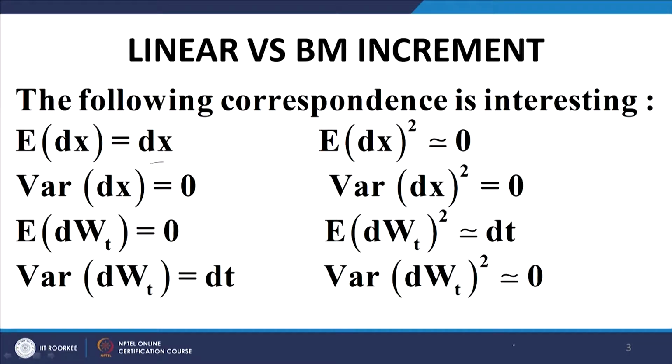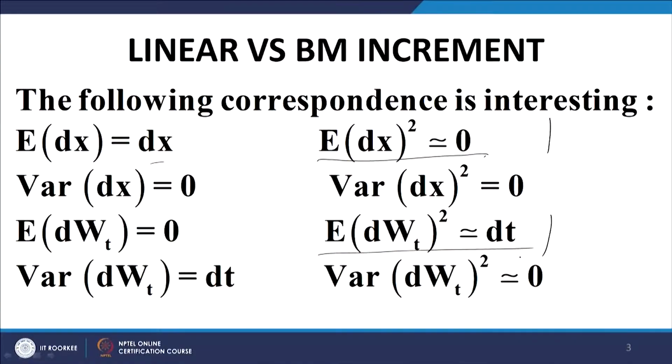This is perhaps the most important point of distinction between the two types of curves. E of dx square is ignored. It is assumed that it is small enough to be of insignificance, whereas E of dw square cannot be ignored because it is of first order in dt.